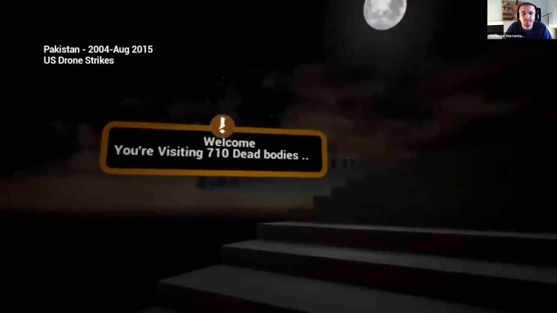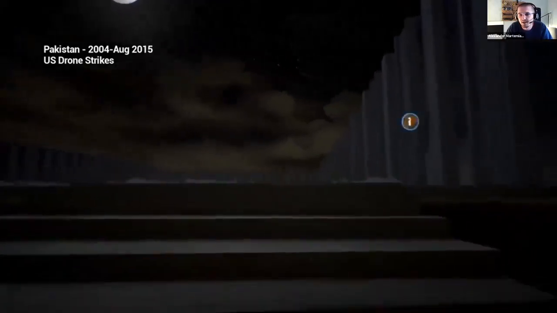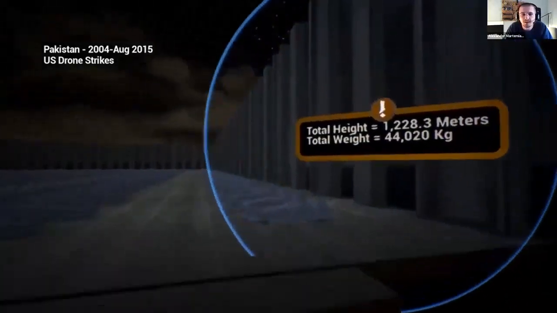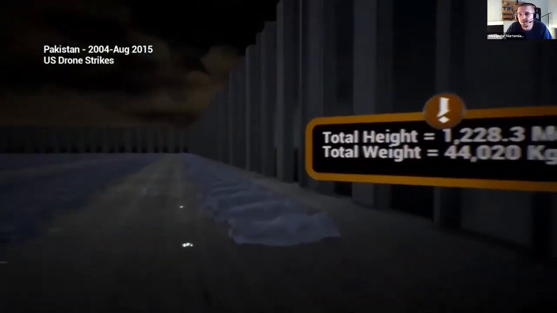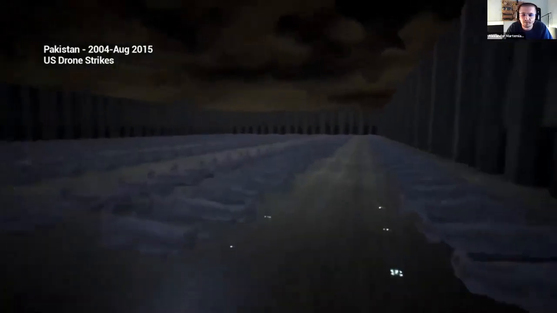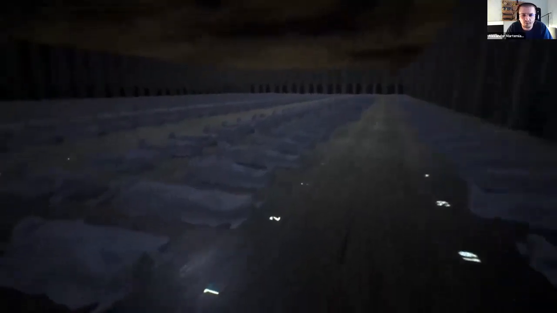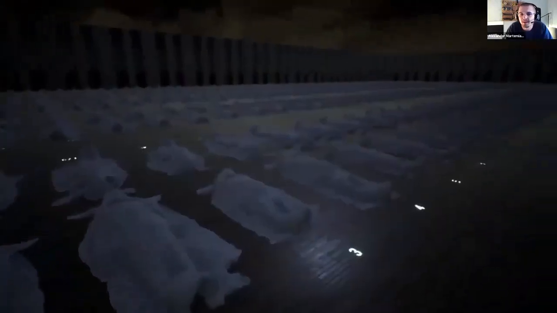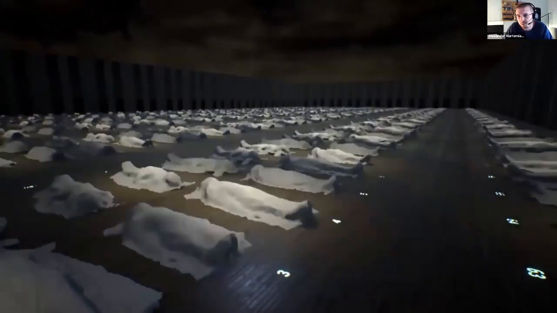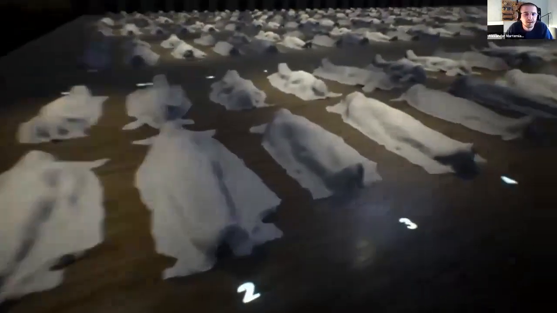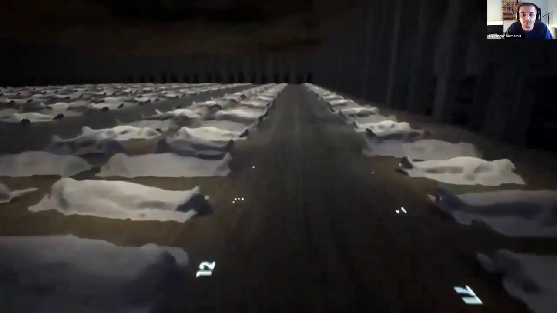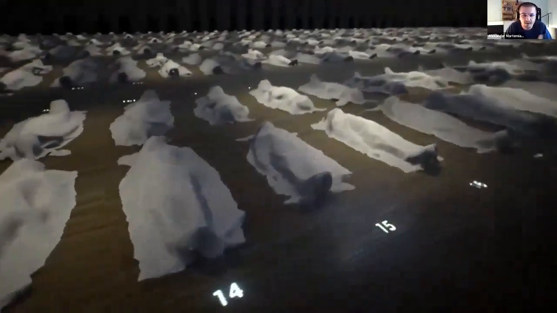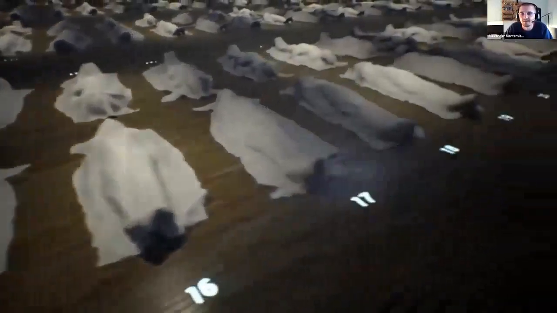Then the user starts in this interesting environment, and this was selected the US drone strikes, and the user just walks in and sees how many civilians were killed. Basically the user appears in this room of dead bodies that represents exactly the number of how many people died, all the bodies here and there, in different shapes, different sizes.